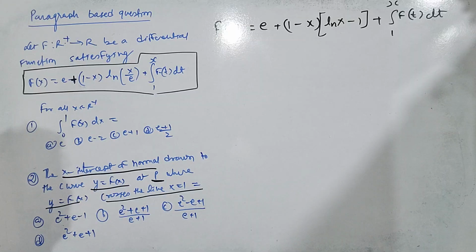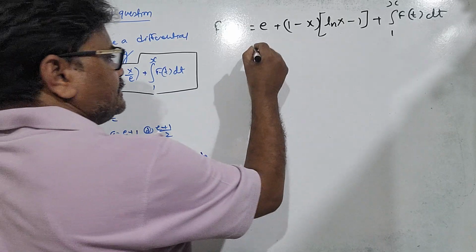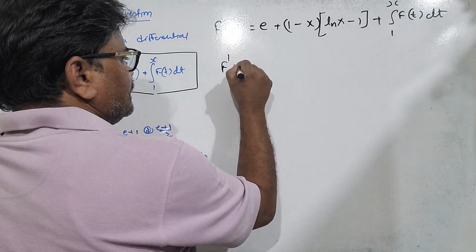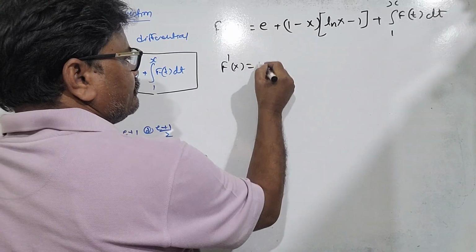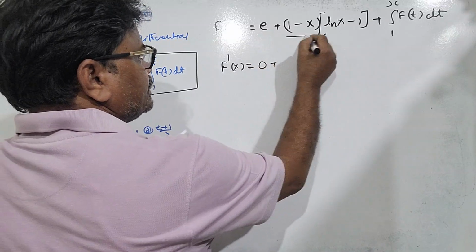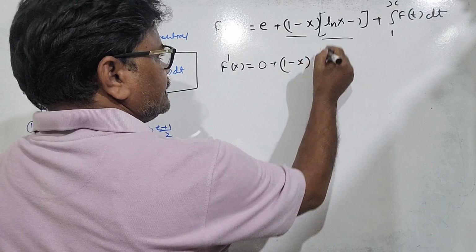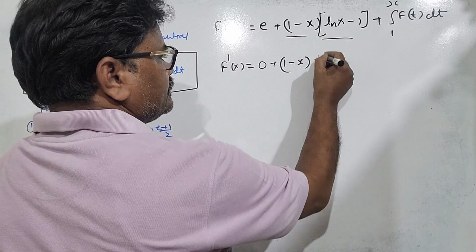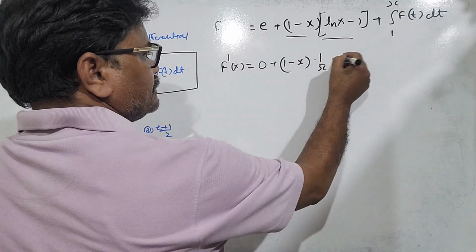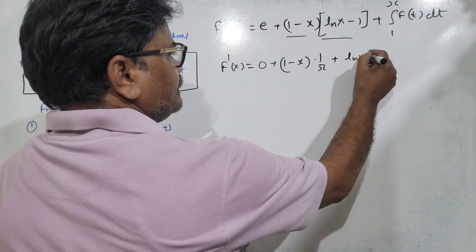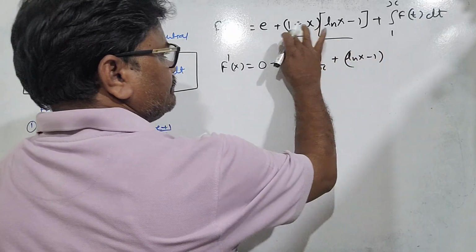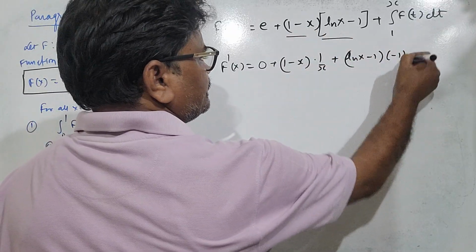Step number 1. Now I will differentiate it. This will give f dash x. The derivative of e is 0. And here I will use the product rule. So (1 minus x) first, then the derivative of (ln x minus 1) is 1 upon x. Then plus (ln x minus 1), and then the derivative of (1 minus x) is minus 1.